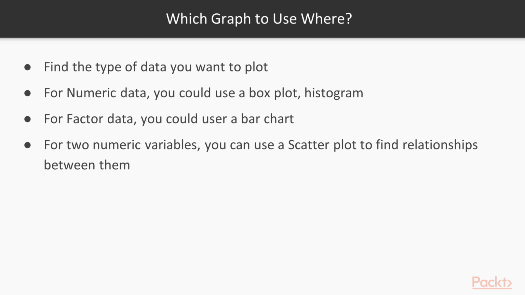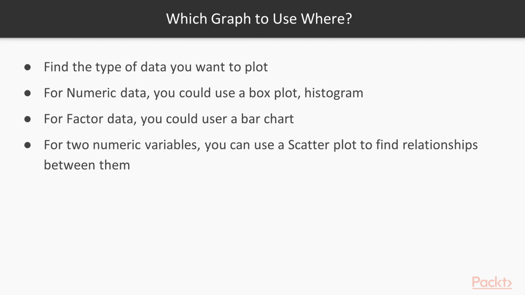But what about factor data? Well, for factor data, you could use a bar chart. As simple as that. Think of it like this. Say you have factor data of gender. You have male and female. Now you want to see which gender is more in your data set.